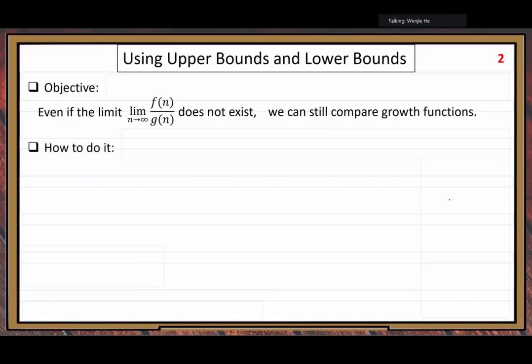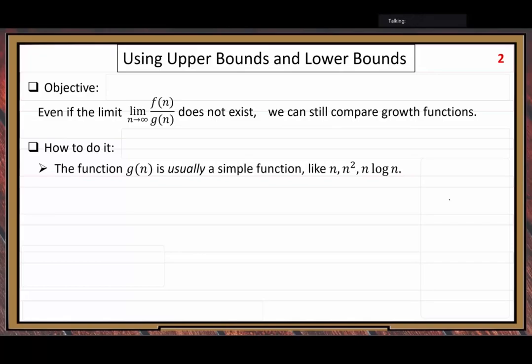How to do it? When we use the f function over the g function, we usually want to choose the g function as a simple function. For example, the power function n squared and another commonly used log function, n log n.